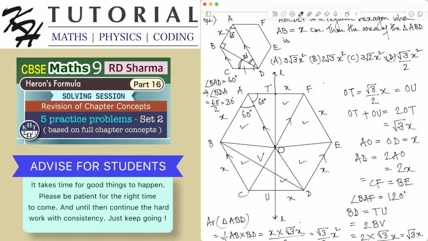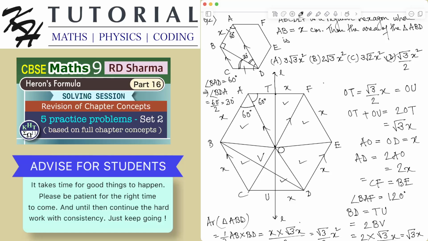Always please note all the properties of the regular hexagon that I have discussed so far. It will be useful to solve this problem, and also to find the length of the diagonals, that is the length of AD, or the length of the perpendicular bisectors of two opposite sides, that is in the second figure the length of TU.